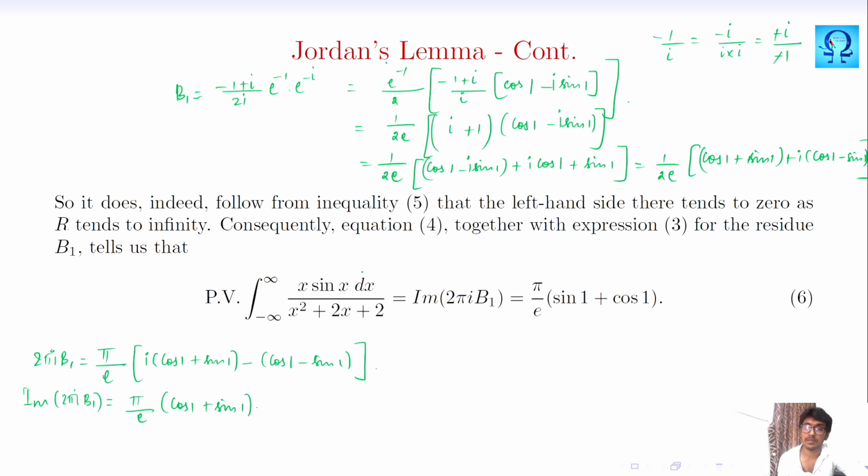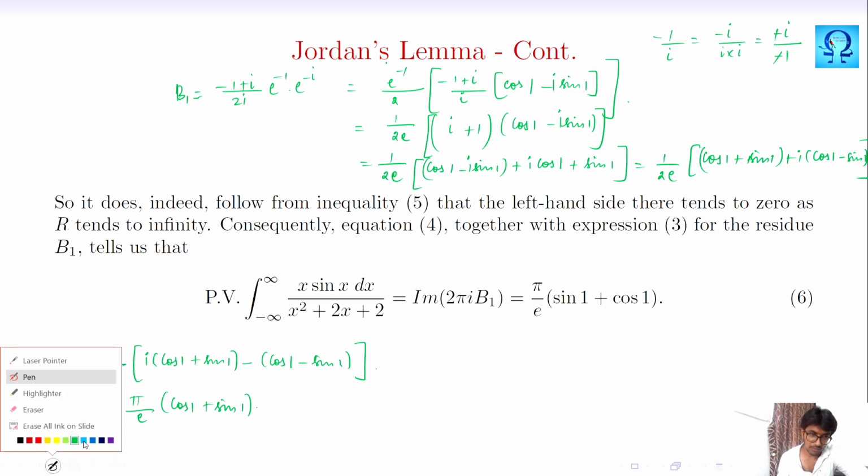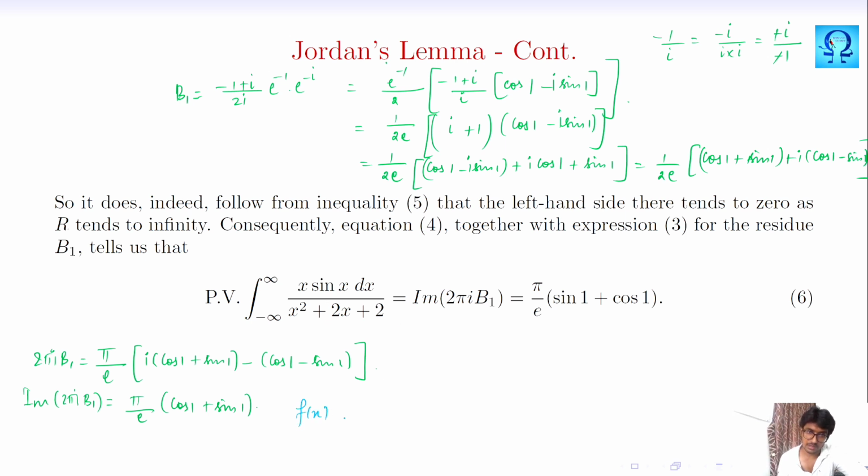Now let us examine whether the given one is the principal value, Cauchy principal value. Your Cauchy principal value is exactly the same as your integral value only when your function is an even function. Here the function is f(x) = x sin x/(x² + 2x + 2).